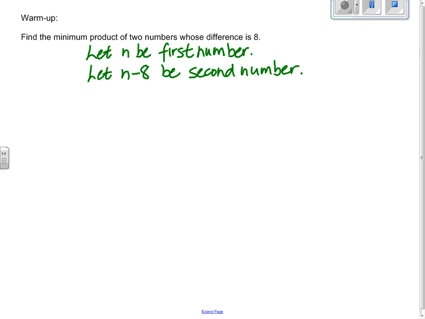I want to find the minimum product. So I want an equation about product. So product, in terms of these numbers, would be n times n minus 8. And I want the minimum product. The form I have it right now is in factored form.